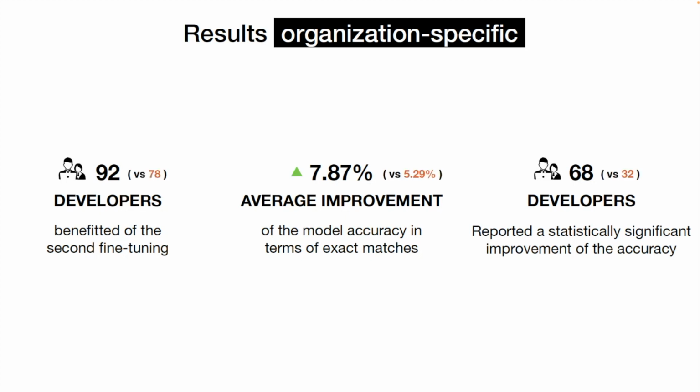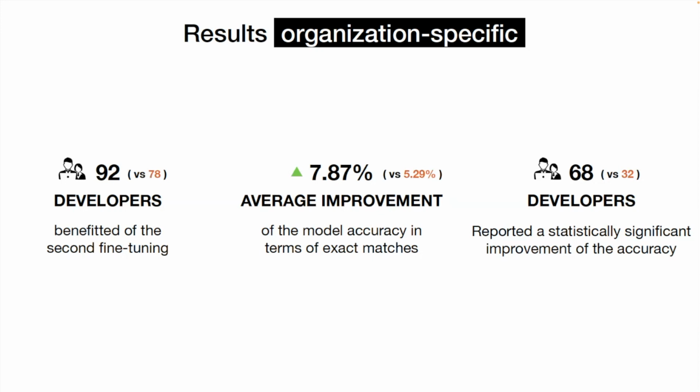So if we check the numbers between the organization-specific and the developer-specific improvement, those are the results, meaning that an organization-specific customization is often the best choice, and also the most practical in a real context, since we would create just a single model.